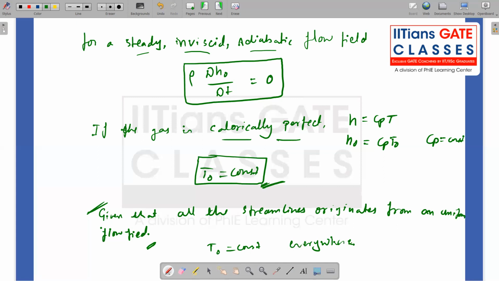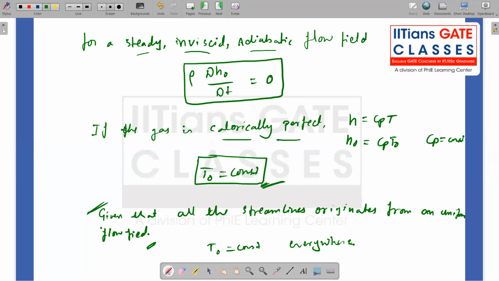It is a definition, so we can define a stagnation property for any kind of flow field, say isothermal, isobaric or isochoric. It doesn't matter. But if I want to measure a temperature which is stagnant, that means the flow has to come to rest adiabatically, in an inviscid and steady manner.